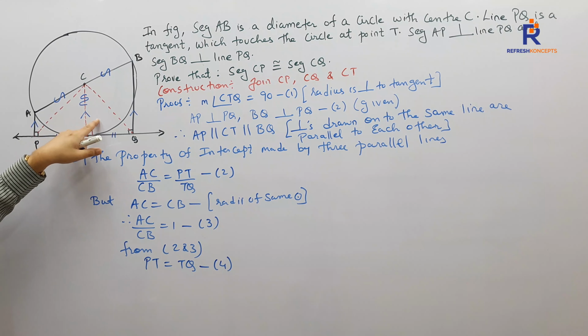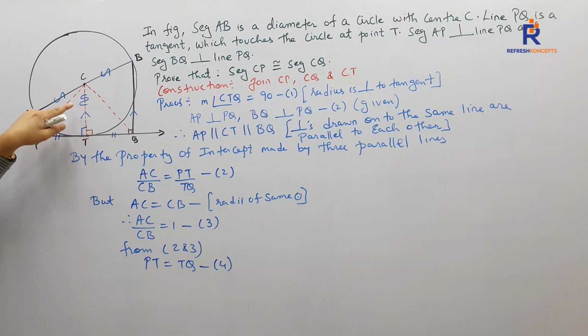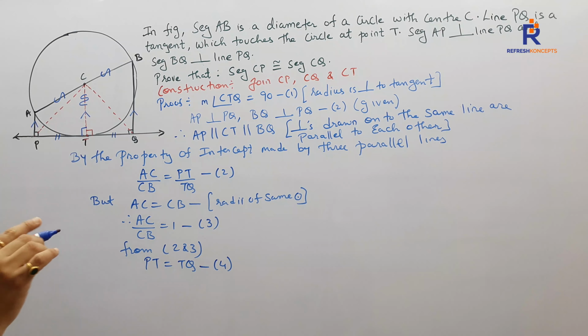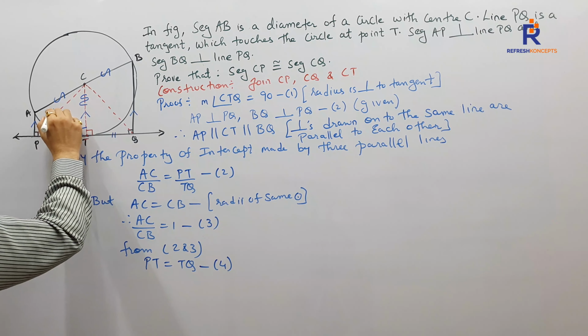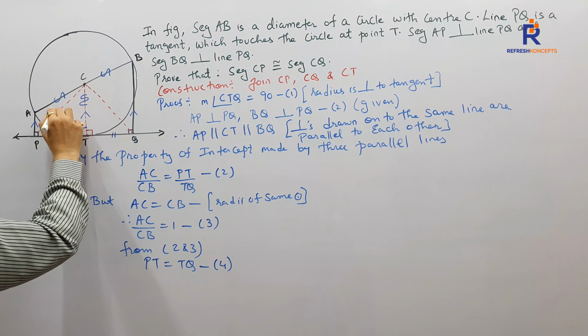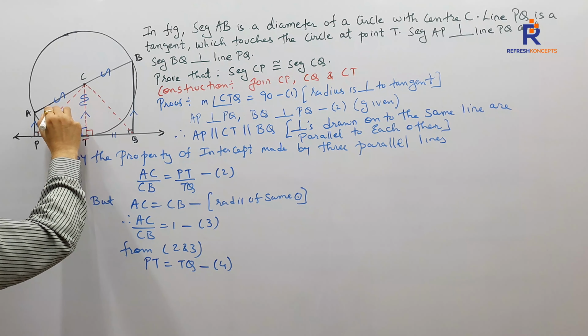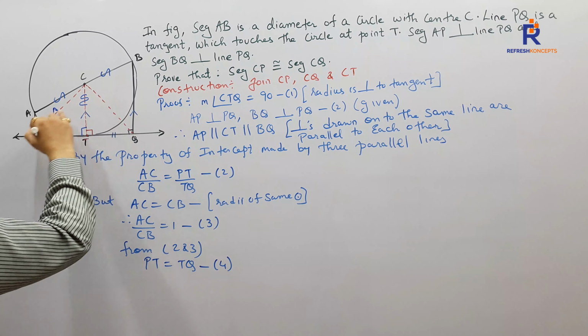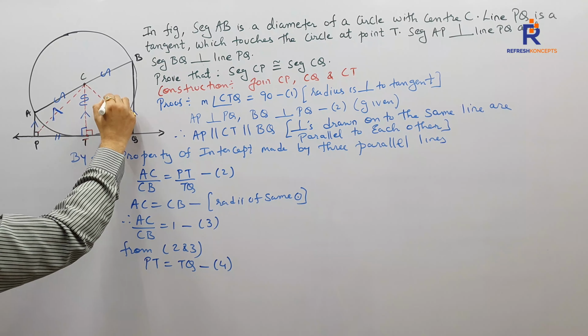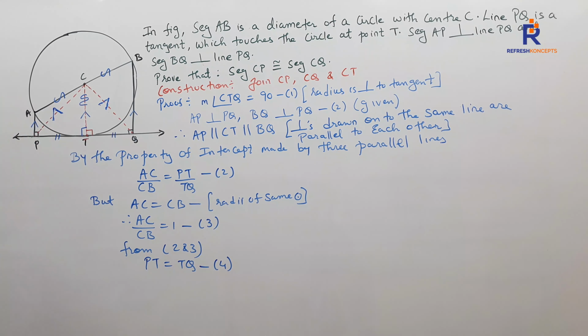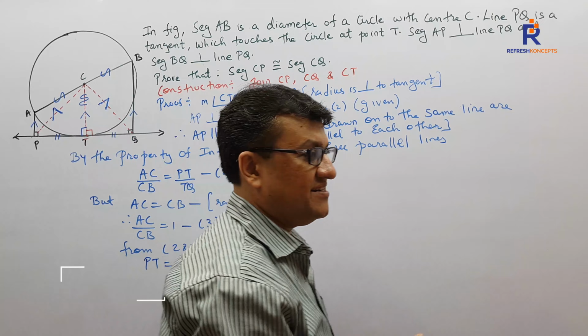Therefore, the two triangles are congruent by SAS test. And once they are congruent by SAS test, do I have every right to say, therefore, CP is congruent to CQ under the title CSCT?